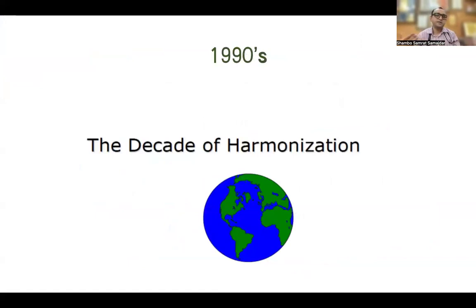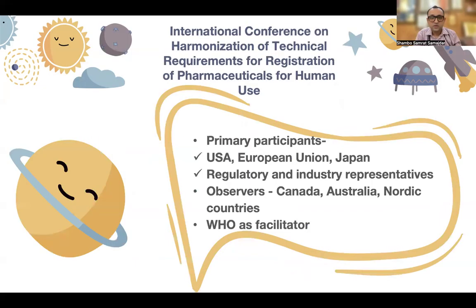Now coming to the 1990s, which is also known as the decade of harmonization. The first meeting happened in Brussels. What is the full form of ICH? I think this is a very important MCQ question again. ICH is the International Conference on Harmonization of Technical Requirements for Registration of Pharmaceuticals for Human Use.